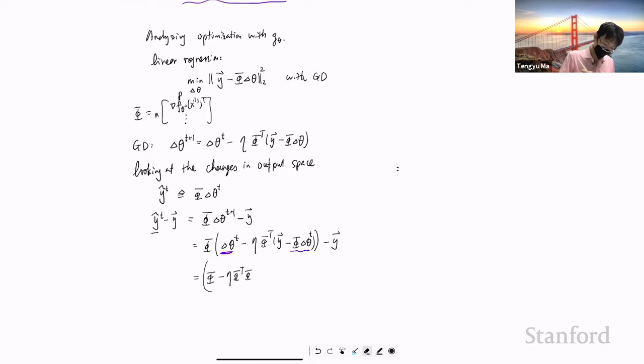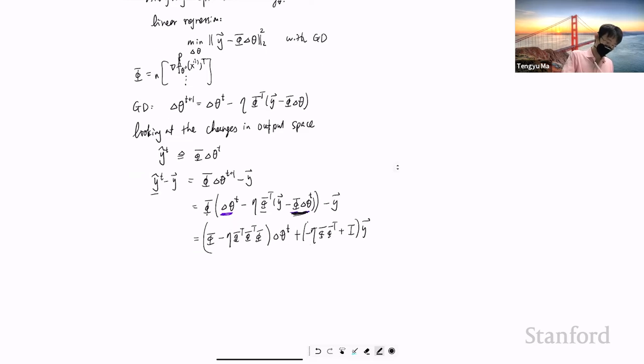If you look at what's multiplied in front of this term, there's this one and this one, right? So there are three things multiplied in front of the theta t. So this is the multiplier in front of theta t, and then you look at the multiplier in front of y vec, and you get minus eta phi transpose plus identity, times y vec.